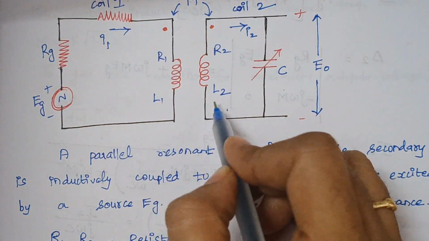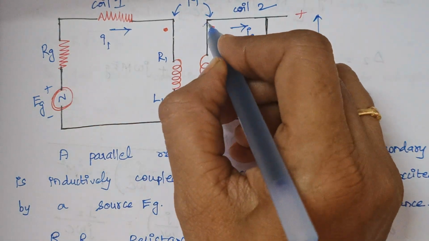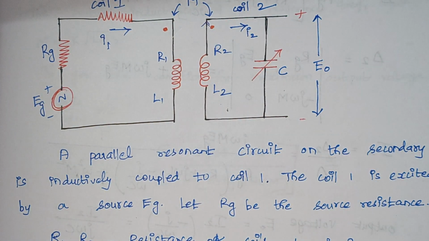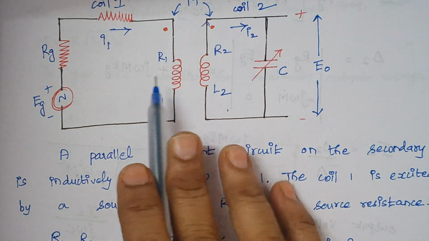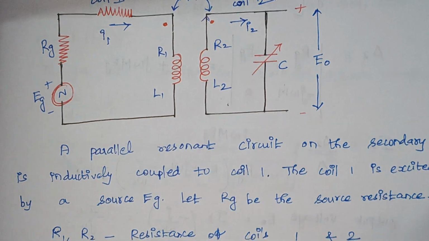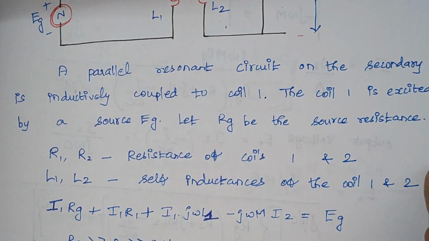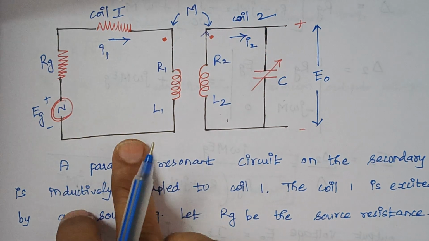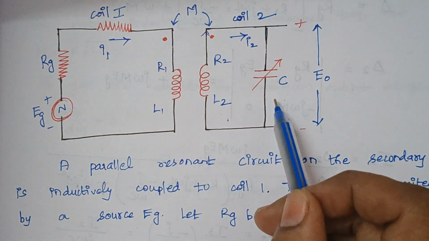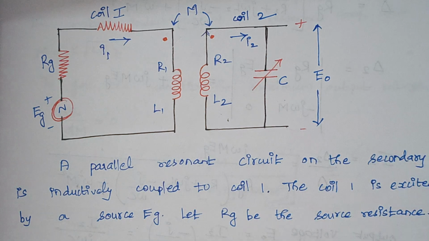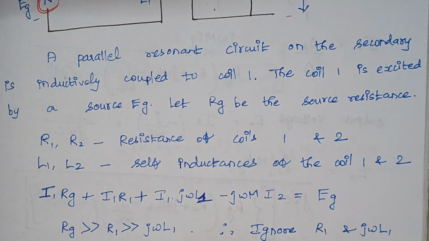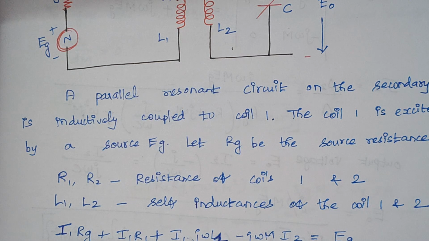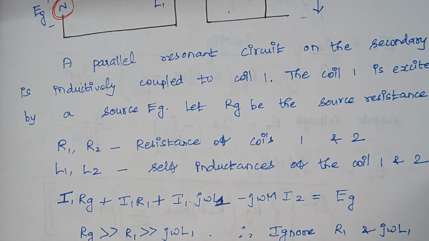But in the case of coil 2, the current leaves the coil through this dot, so they are opposite to each other. Therefore the voltage drop due to mutual inductance is given by minus j omega M I2, because this is a voltage drop produced in coil 1 due to the current that flows through coil 2, which is known as mutual inductance. This is equal to the source voltage EG.